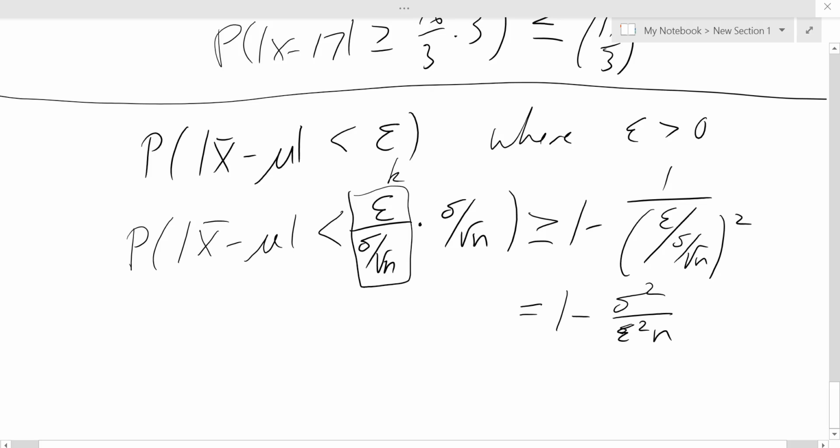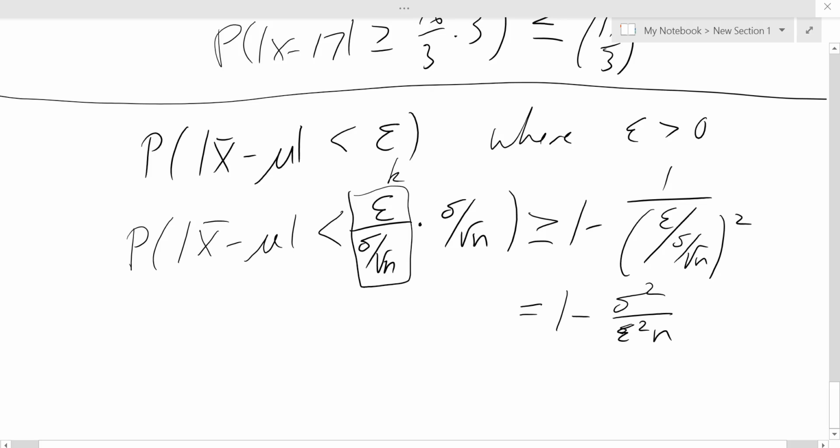I can make this term get really, really small by taking n to be really, really big, correct? So no matter how close I say I want my sample means to be within a little bitty distance of the mean, you can take your n big enough to pretty much guarantee that it'll happen. Because I can make that as close to 1 as I ever want.